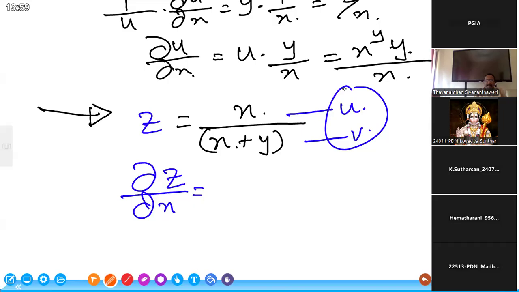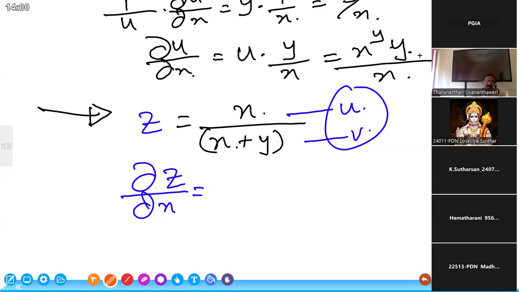Tell me how we can do this partial differentiation. You can take the numerator as u, the denominator as v, and apply it. Tell me the sequence. Anyone? Yes, sir, the common formula.